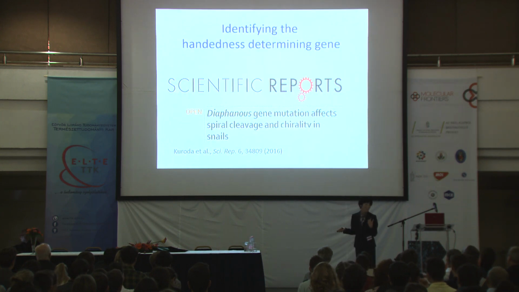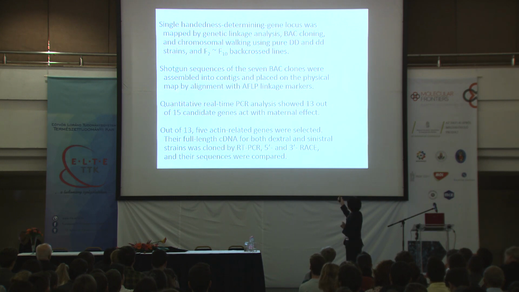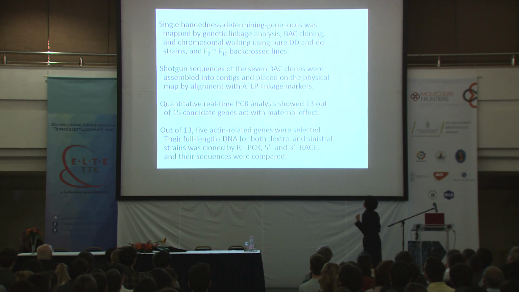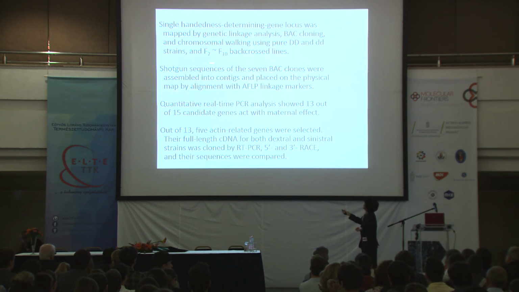Then we've been working very hard to identify the gene. Actually, it's really hard, maybe 20 years or so, and then we reported it. And what we did, to make a long story short, the single-handed dominant gene locus was mapped by genetic linkage analysis, BAC cloning, and chromosomal walking using pure DD and pure dd snails, and also F2 to F10.